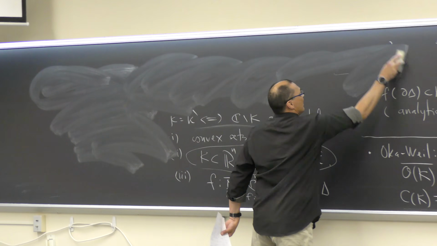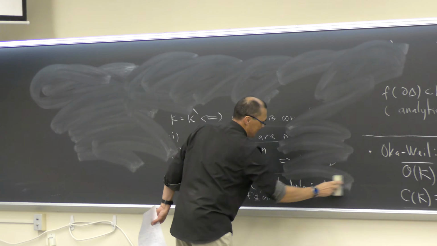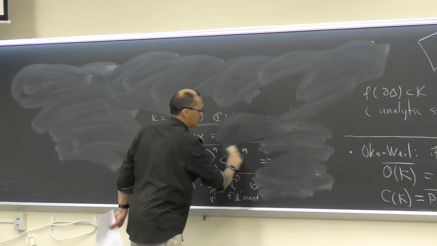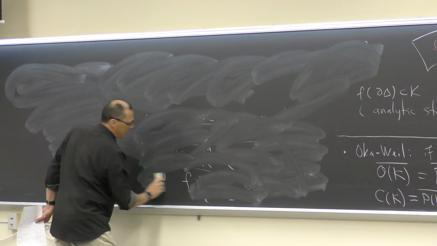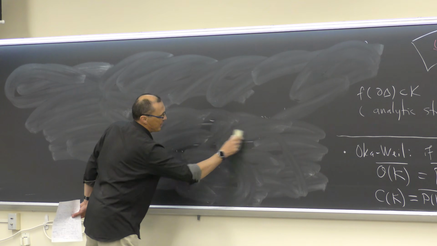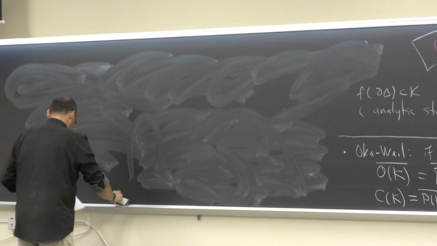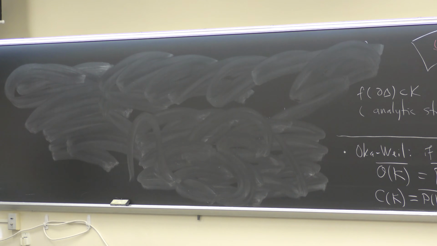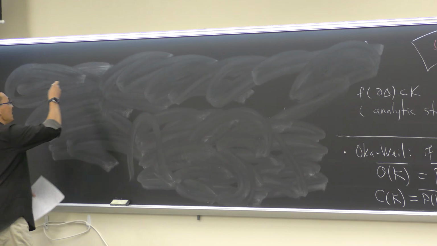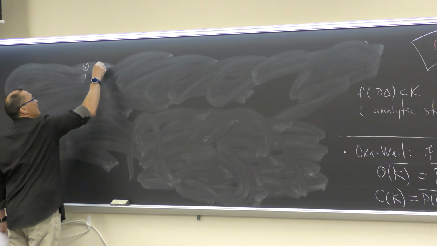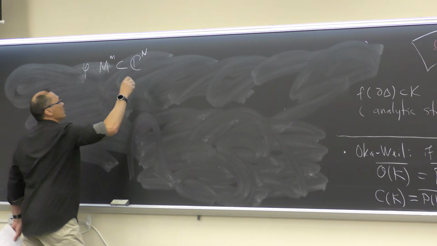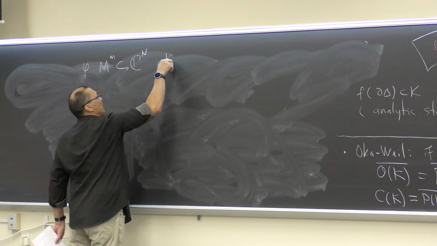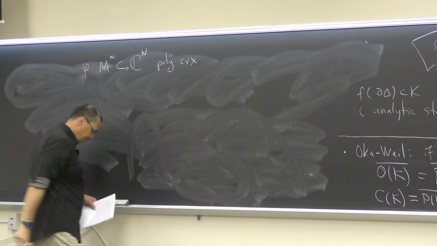And I'd like to give one motivation for why this embedding problem may be interesting, and it's the following observation. Suppose I have this map phi into Cn, which is polynomially convex.